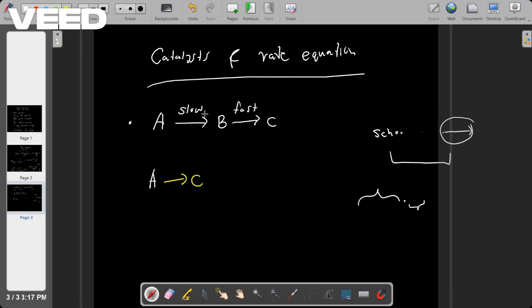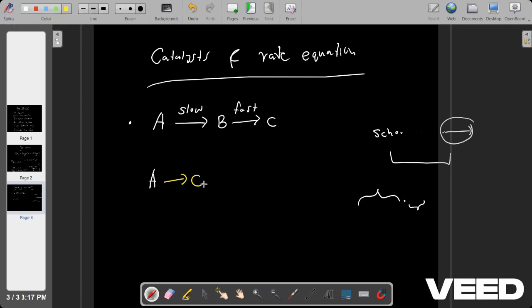Whichever step happens faster or slower, it is about how fast A is becoming C. This is the final equation, right? How fast A is becoming C depends on the slow one. It could be at the later stage, it could be at the beginning stage. So the slow step decides the rate.